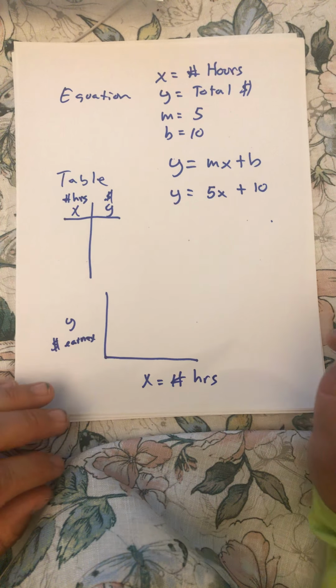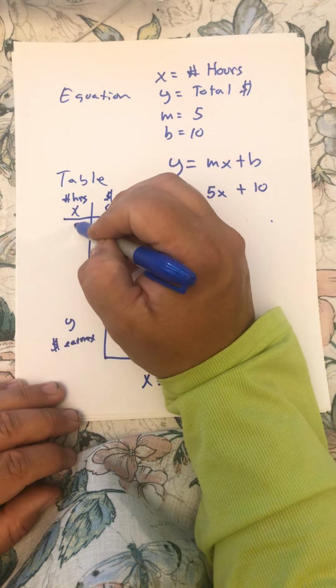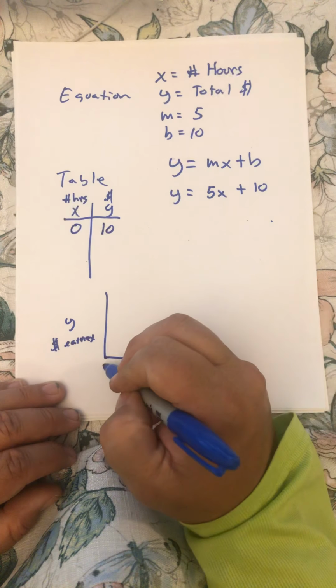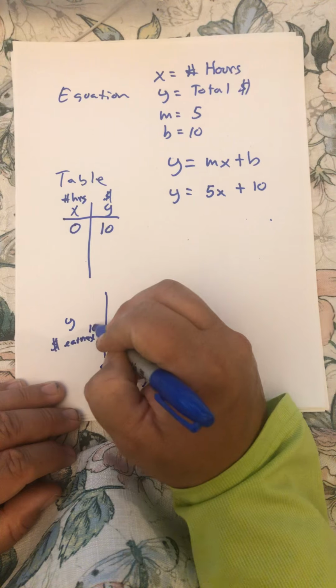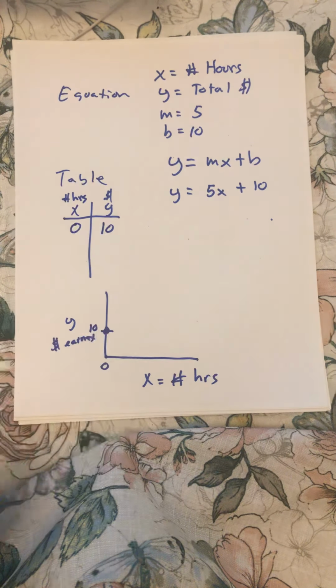So let's go to this. If I work 0 hours, I can put that into the equation. So 0 hours, I get paid $10. So right here, 0 hours would be 10. Okay? Y-intercept, right?